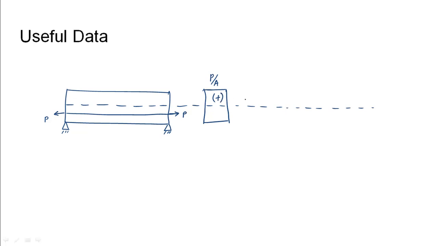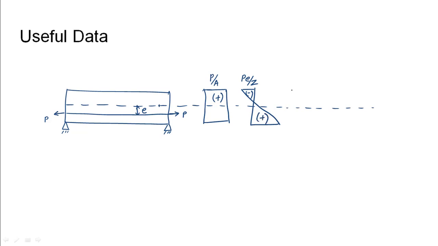The second would be a force due to this eccentricity, because this pre-tension force is being applied at a small distance from the center line axis. So in this case there will be an additional component PE by Z. Here it will be negative and here that would be positive.